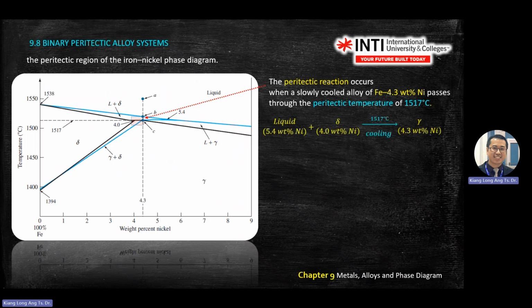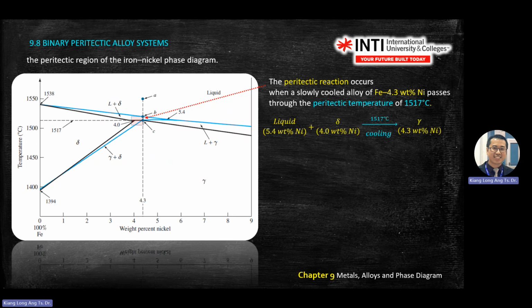So the one that I highlight with the small box here is called the peritectic reaction. So liquid plus delta, you cool down at the peritectic temperature 1517. Remember to write the word cooling. What do you see at the solid? Another solid. So how do you find the percentage of nickel in the liquid?